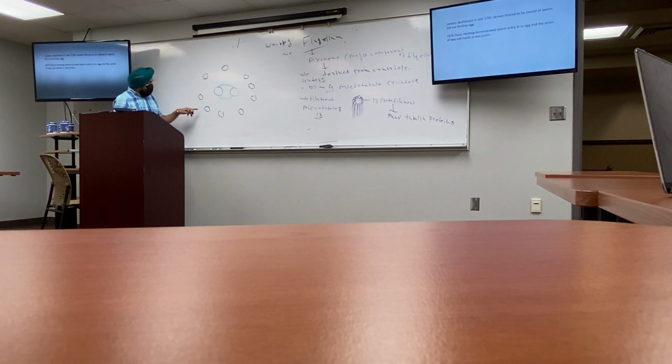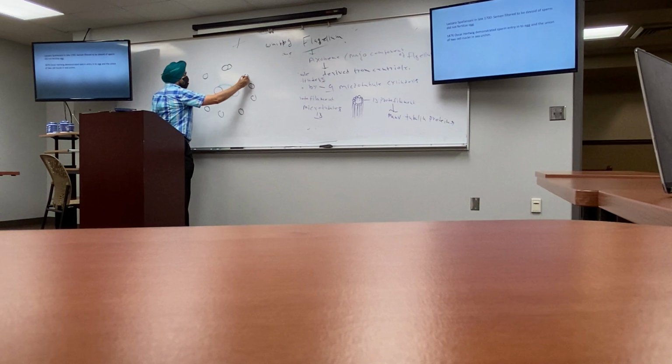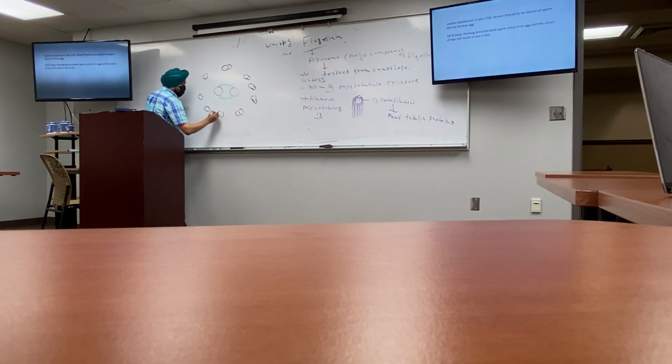Okay? But these 9 microtubules outside are not only 13 protofilaments; they are actually doublets. So 2 microtubules are joined together. So one is there, and with this, another is joined like this, another joined like this, another, another, another, another, another.